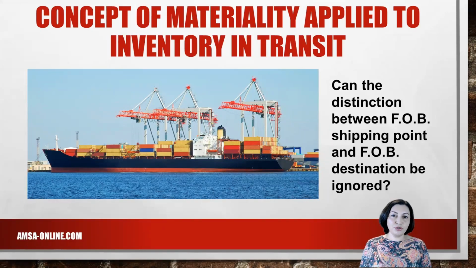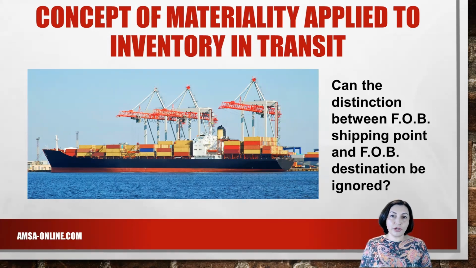Sometimes companies ignore the distinction between F.O.B. shipping point and F.O.B. destination because inventory in transit usually arrives within a day or two. In such cases, the amount of inventory in transit is usually not material in dollar amount. The company may decide to follow the most convenient and less time-consuming accounting procedures.